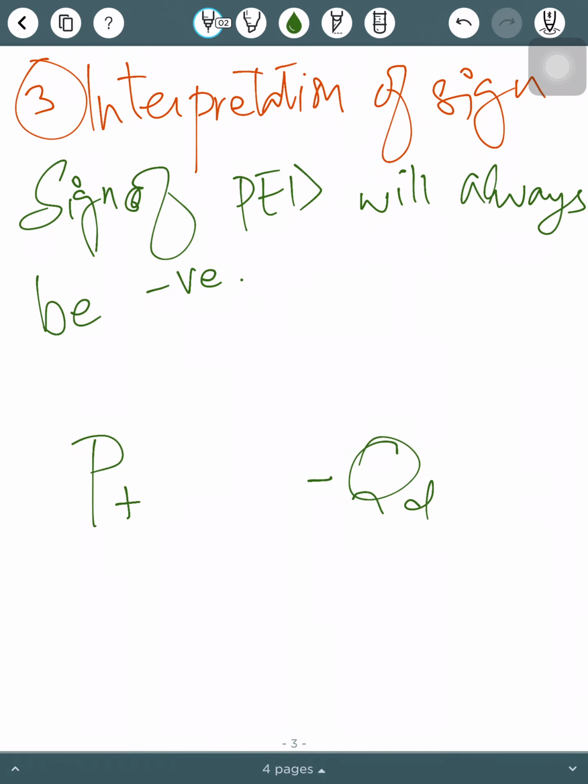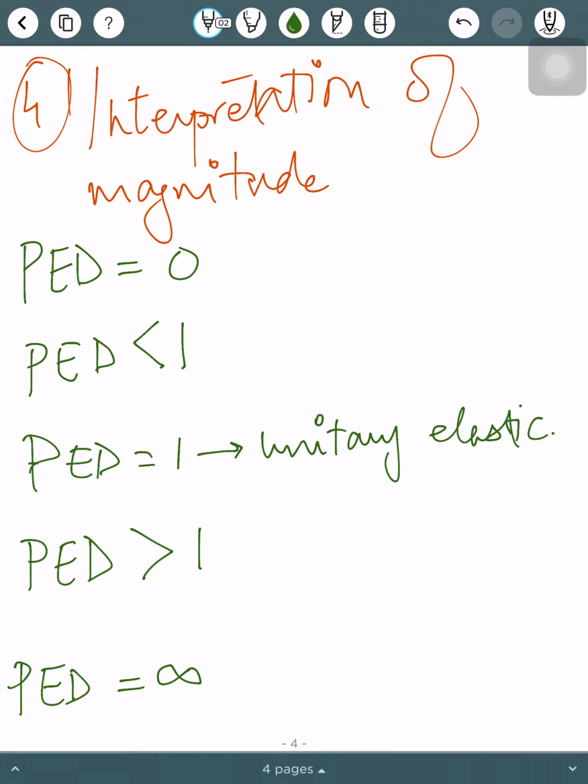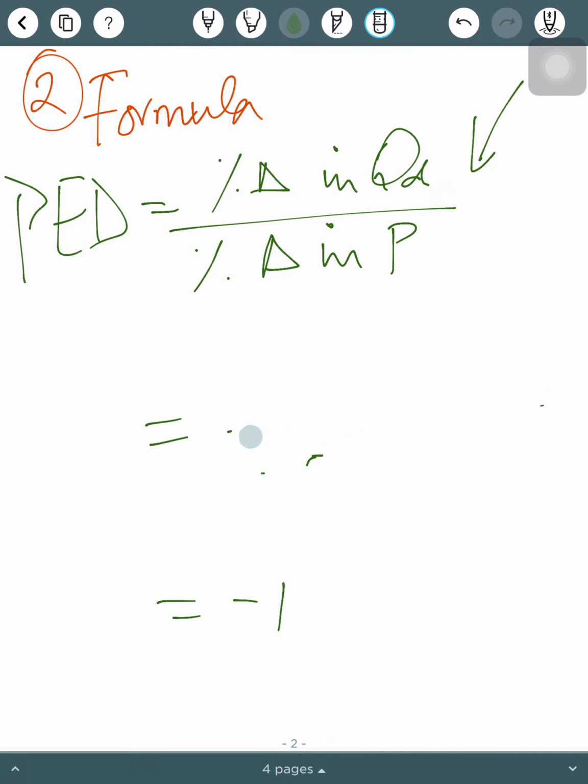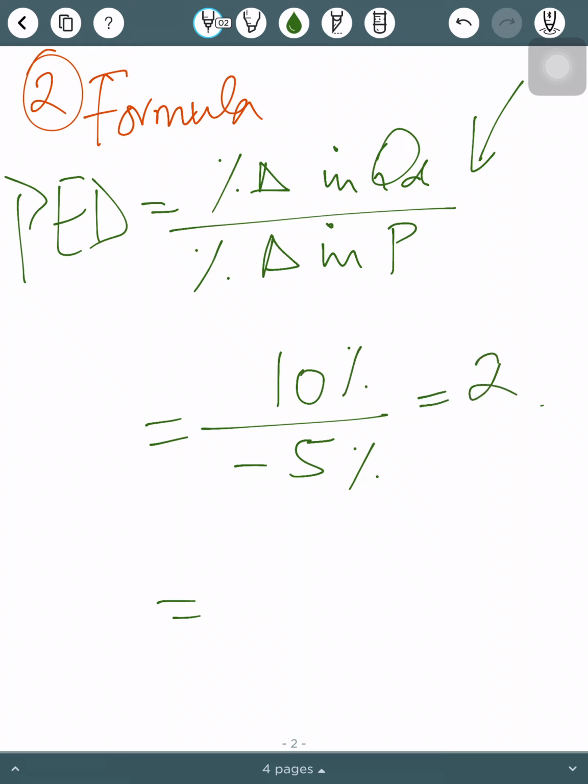For PED more than 1, obviously we'll get this answer when the numerator is greater than the denominator. So if we have the price of a product going down by 5%, but as a result the quantity demanded of the product, let's say, goes up by 10%, the PED would be equal to 2, and we can say that the demand for this product is price elastic.